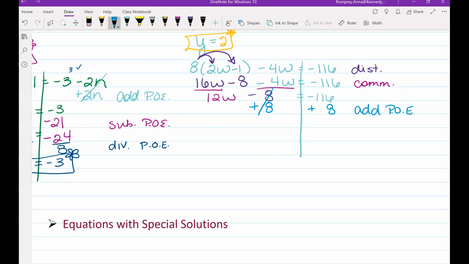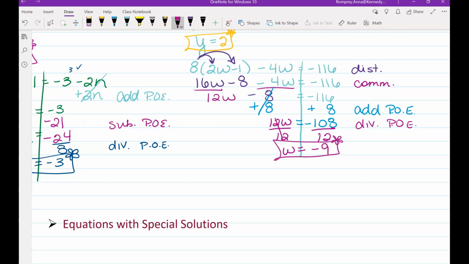So negative 116 plus 8, negative 108 equals 12w, and divide by 12 using the division property of equality. w equals, don't forget about this, negative 9. Yep, 99 plus 9, 108. Awesome.